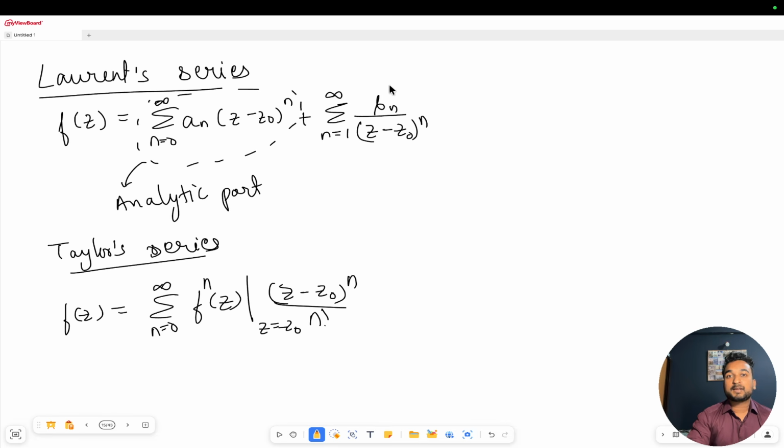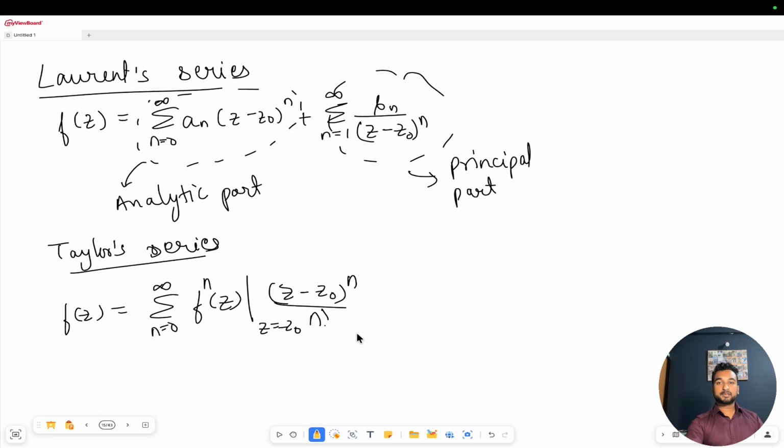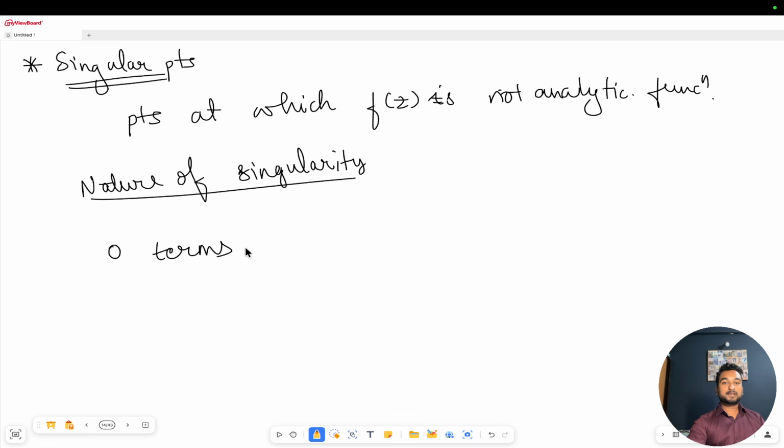Okay, and this part is known as the principal part. If there are zero terms in the principal part, then it is known as a removable singularity.